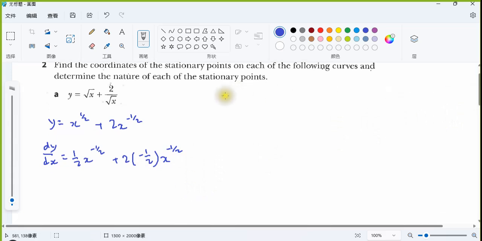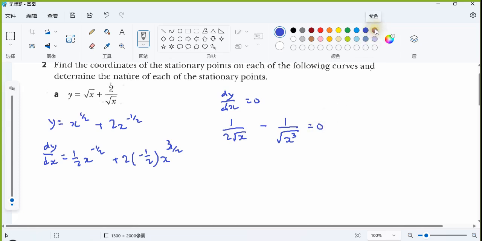So dy/dx equal to 0, then we have 1 over 2 square root x minus, this is 3 over 2, not 1 over 2, this is 3 over 2, minus 1 over square root x cubed equal to 0.